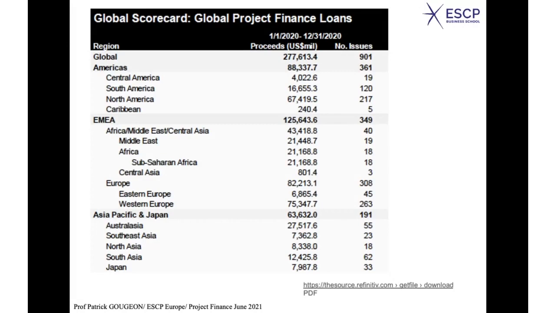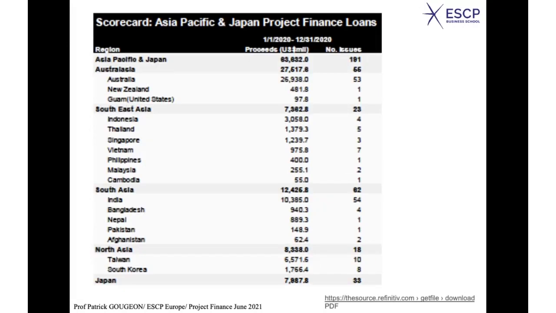Let's look at Vietnam more precisely. You see, here you have Vietnam. Vietnam is kind of lagging behind, with an amount which is rather small, less than 1 billion altogether. And if you had looked at the number of last year, it was even lower than this. So it is a growing concern.